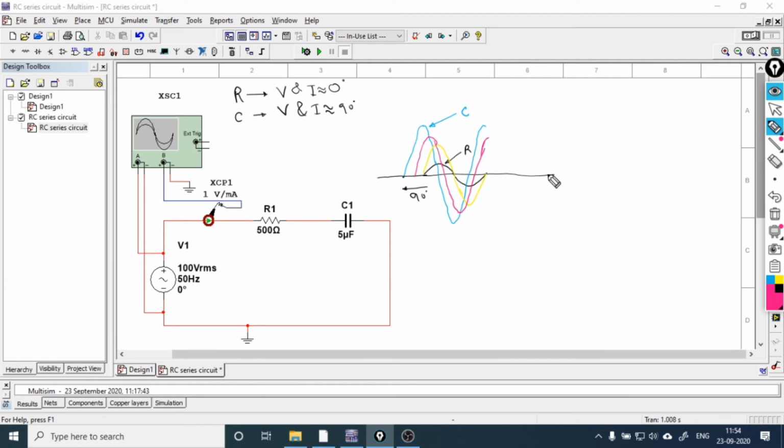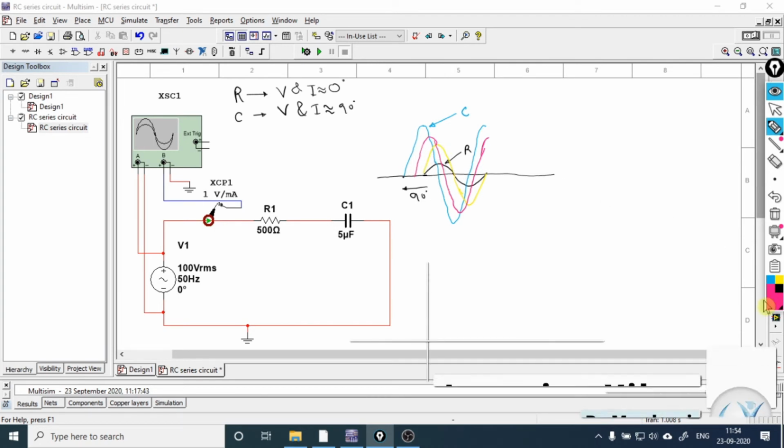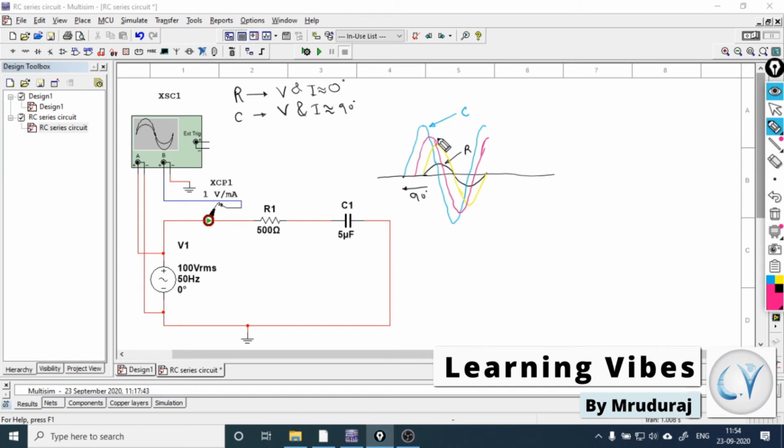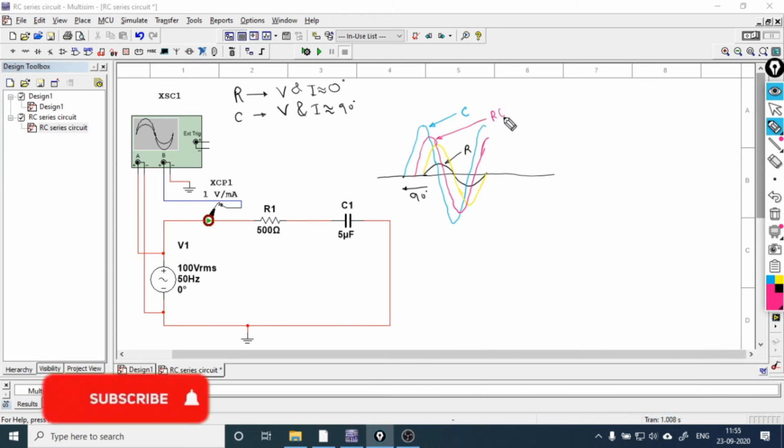See, the black waveform represents when the circuit is purely resistive, blue when the circuit is purely capacitive, and this represents when the circuit is resistive and capacitive both.